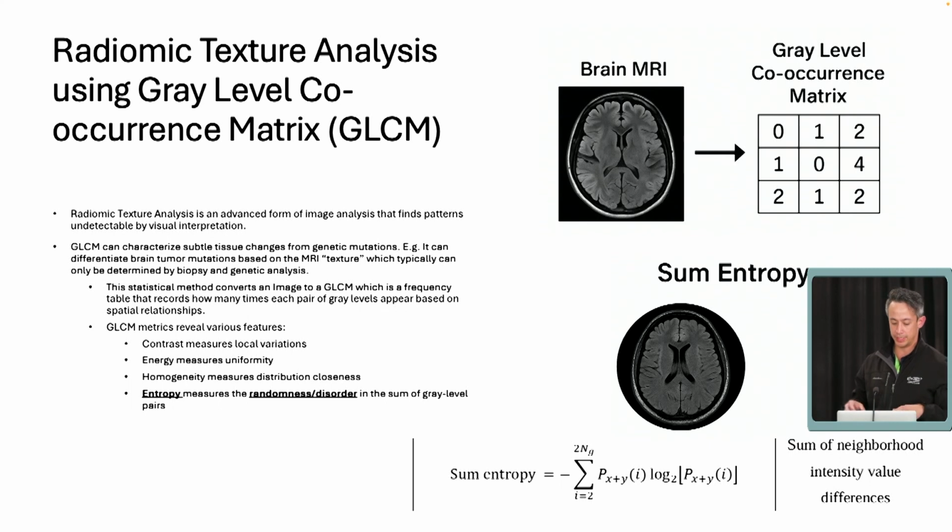But what we're interested in is this term, and a physicist must have really put this together when they did the MR physics of it. The measure we're interested in is entropy. So it's a measure of disorder, but you can't see it on the MRI. You're just looking at gray and white matter. So we're interested in this measure of disorder.